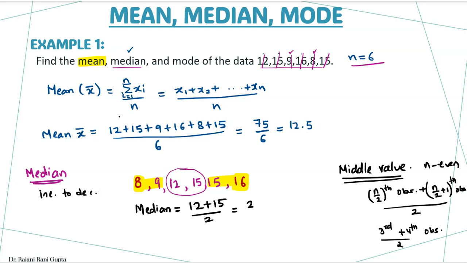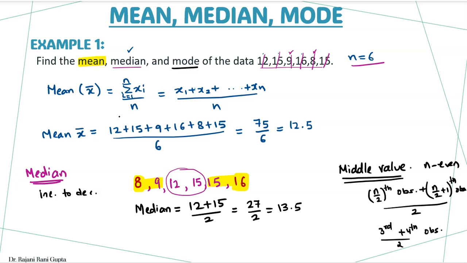That is 27 divided by 2. Okay, did you get it? Which is nothing but 13.5. Because here we are not having one central value. Here we are having two middle values. So we say the median is the average.